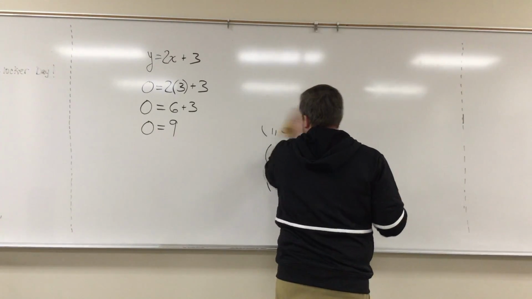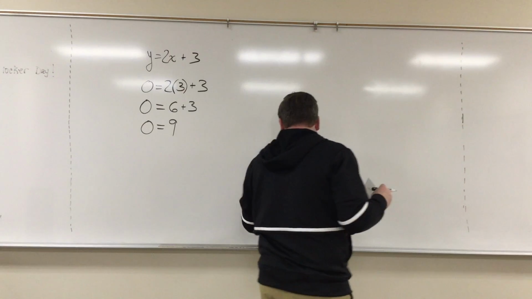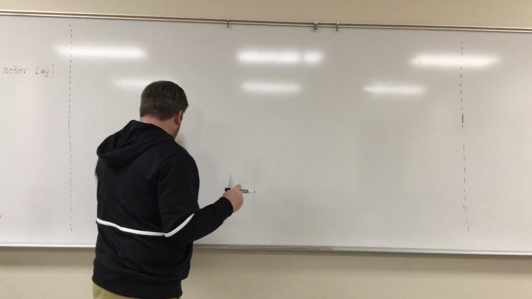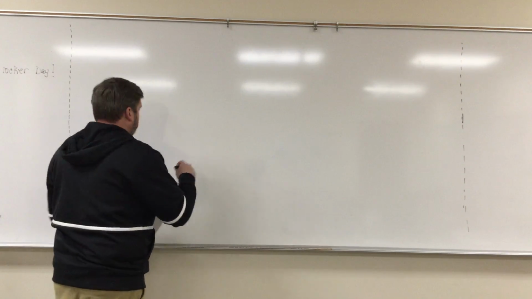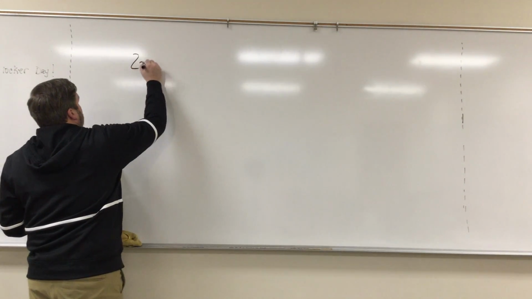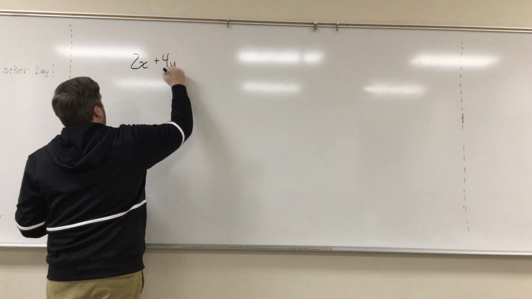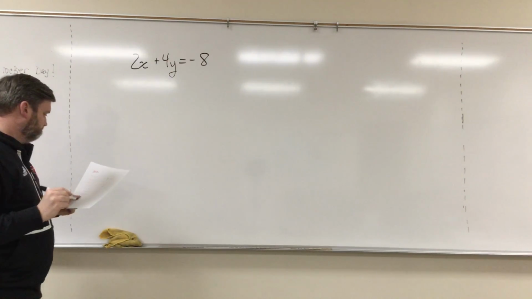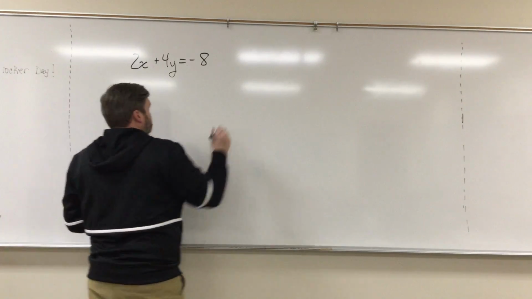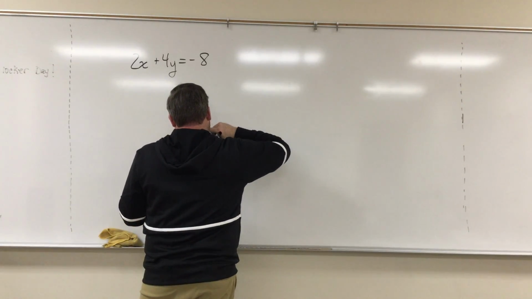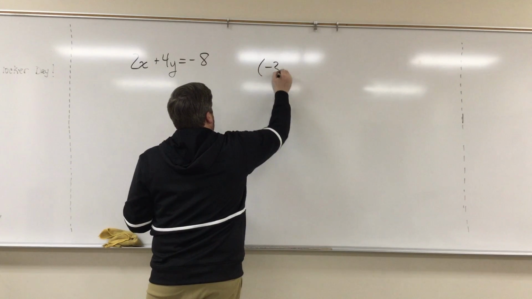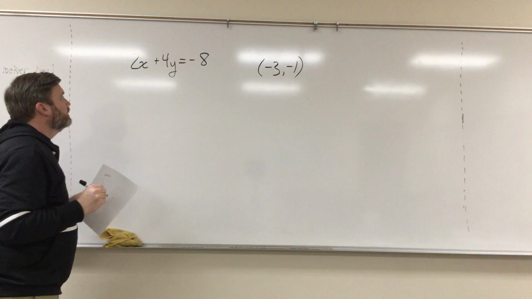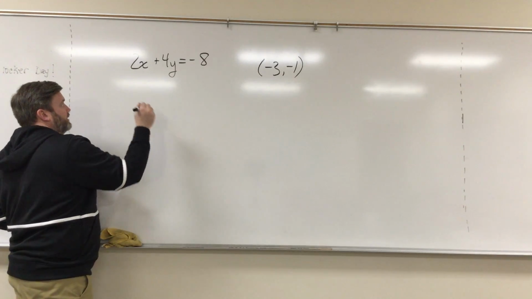All right, let's try a different equation. Let's try one in standard form. Let's do 2x plus 4y equals negative 8. Let's try negative 3, negative 1. So x is negative 3, y is negative 1.